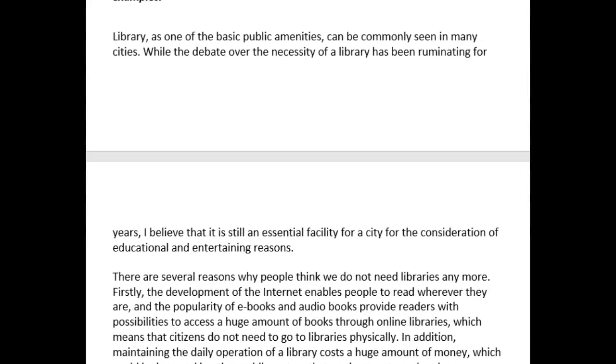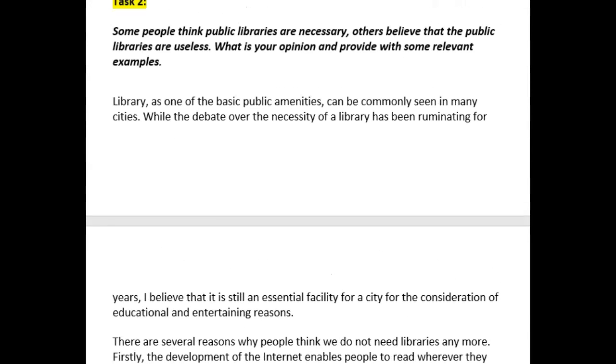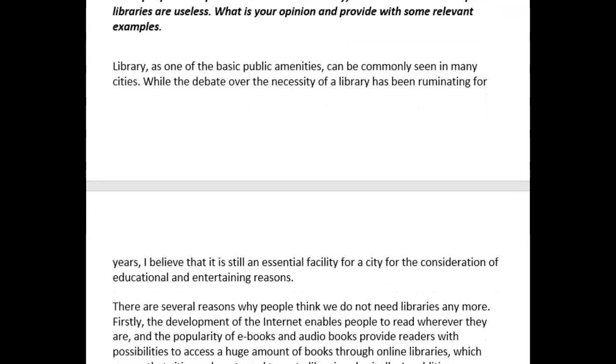Now let's talk a little bit about this. Okay, this is what I wanted to look at. It says, what is your opinion? So this is all about your opinion, what you think, right? And here you talked about the debate. And then when you came to your opinion, you said it's an essential facility.